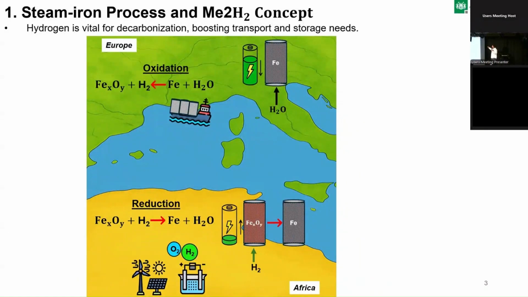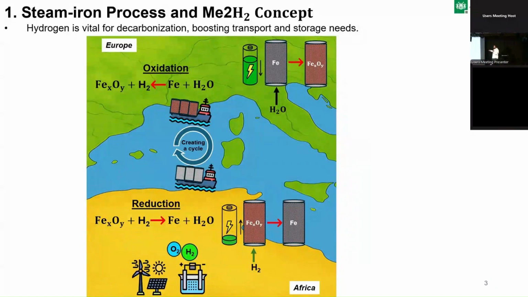The ships will go on deck, and then steam will be generated in Europe, and steam will then be injected into the chemical batteries. And once the iron is completely oxidized to iron oxide again, the battery will be discharged, then the ship will be transferred back to Africa, and this will be done several times, creating a cycle.